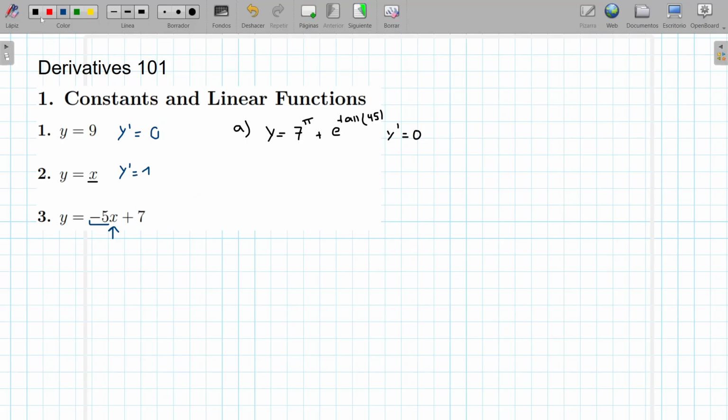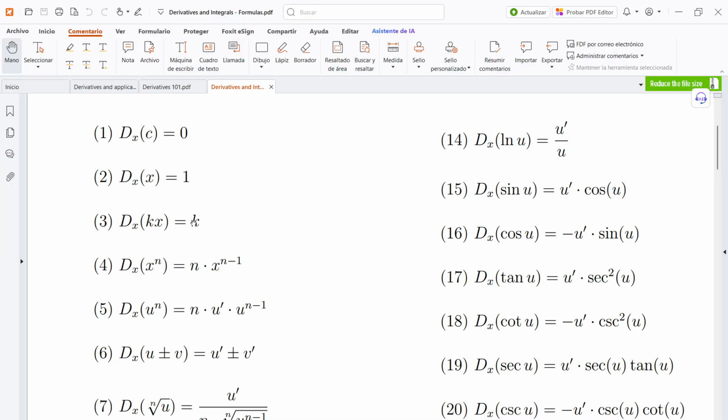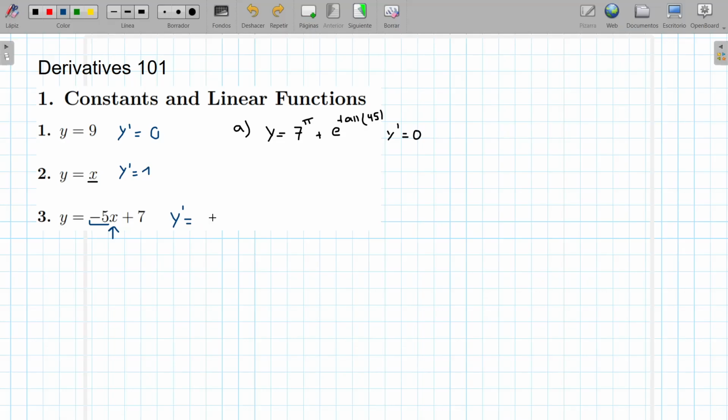So for example, in this exercise, if we do the derivative, you will find out that I have minus 5x, but I don't care about the minus 5. I will take a look at the x, I will take a look to the table, and I'm going to find that the derivative of x is just 1. If you have a number multiplying that x, then it's going to be just that number.